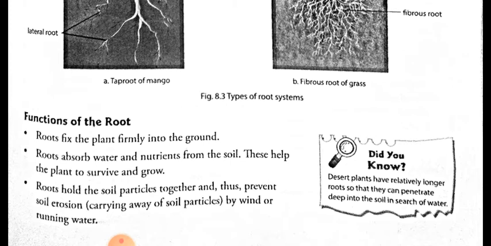Due to soil erosion, the fertility of soil is washed away. That's why more and more plantation is required, as roots hold the soil particles together and prevent them from getting washed away.